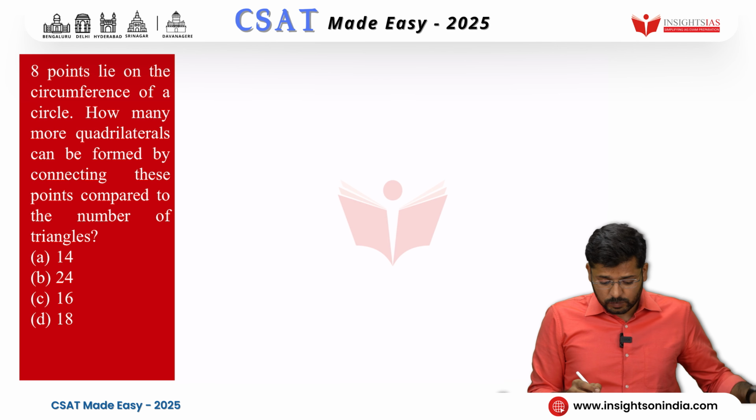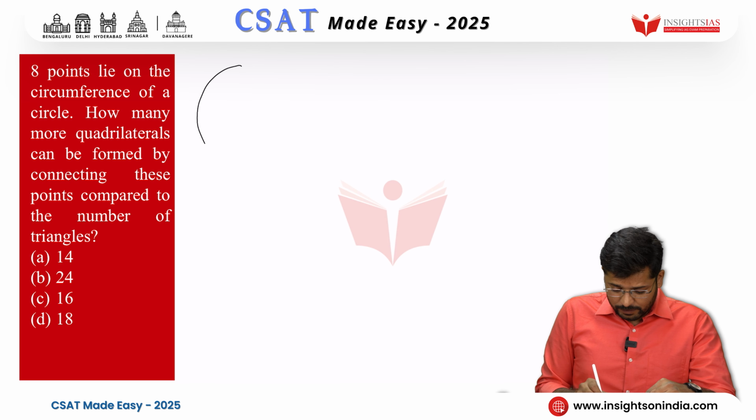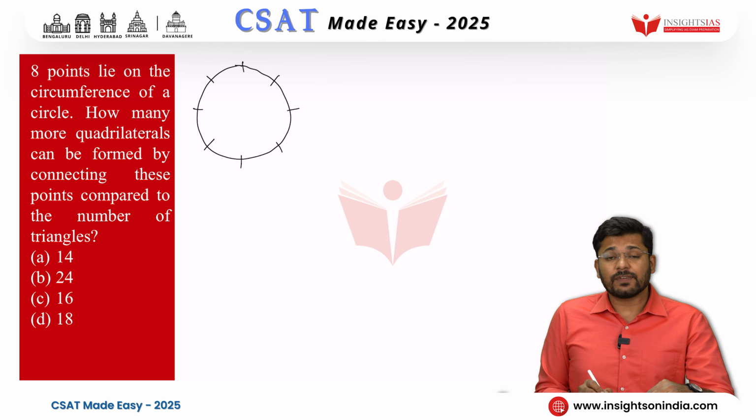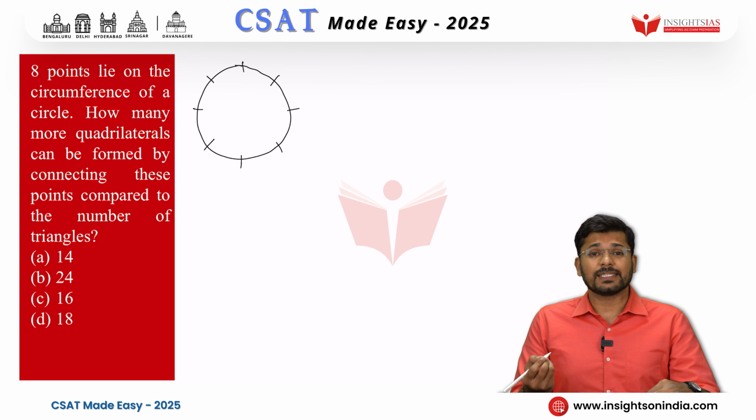And that is what the question is asking us. So here we have a circle and how many points do we have here? We have 8 points. Okay. So let's find out first how many quadrilaterals can be formed, then let's find out how many triangles can be formed, and we shall subtract one from the other, and the difference will be our answer.